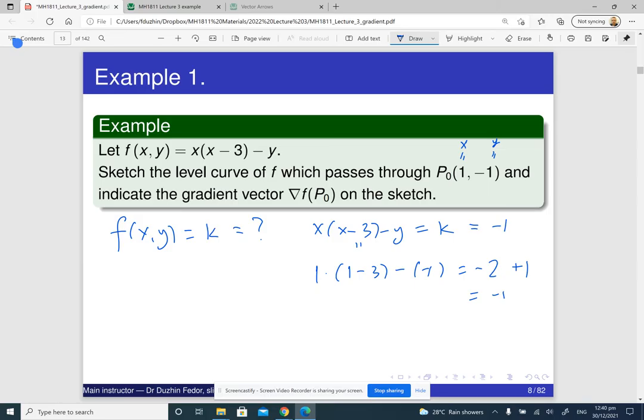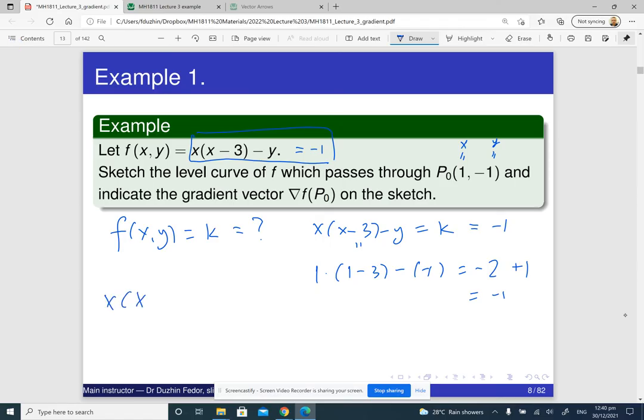So it means that my level curve is the given function equals -1. Let me rewrite it. Maybe I'm going to move y to the right hand side and -1 to the left hand side.